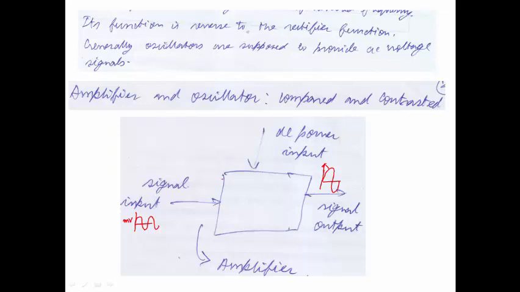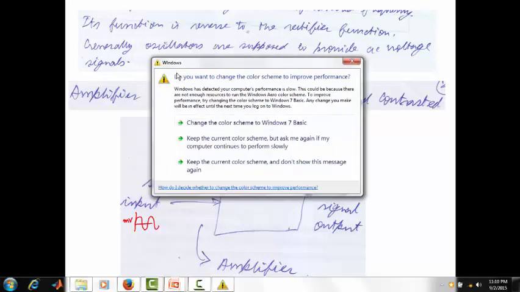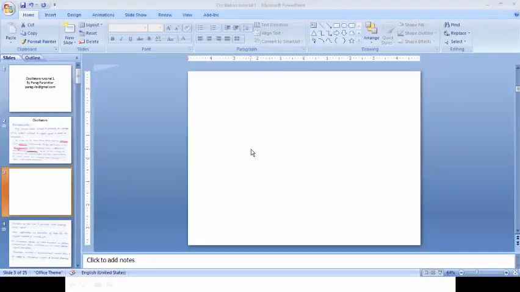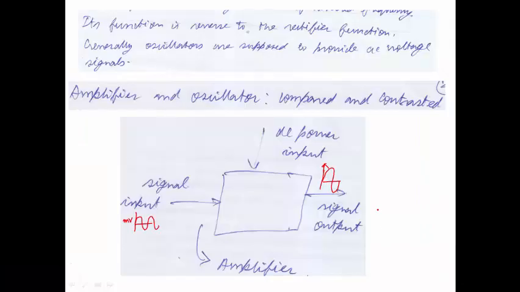We know that by using the concept of biasing, we can provide the additional power via biasing to an amplifier, so that the amplifier, as a result, gives us the most perfect output. Now, let's go ahead with the things.